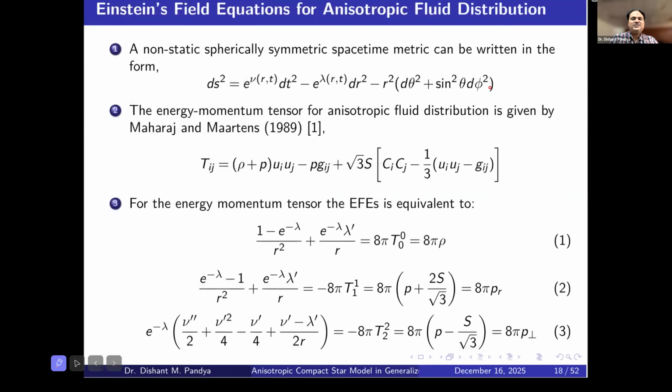So this was the primary confirmation that we are going to study something legitimate and not only a hypothetical thing. Once it is established, along with Maharaj and Maartens' algorithm, we have a very strong setup of field equations. Let's once again recall: Einstein gave field equations in the general theory of relativity. Basically, they gave us a picture of how matter and energy are related with each other. Based upon that, there is curvature, and we try to see the basic physics or geometry of a given seed metric.